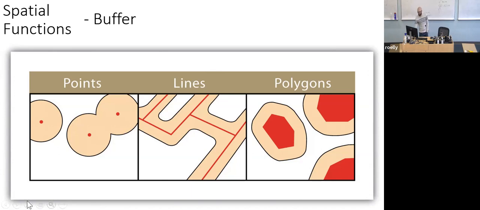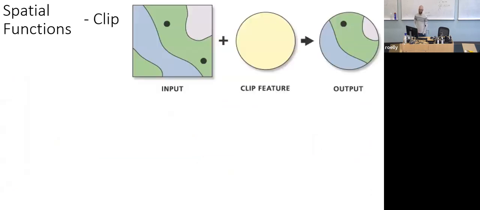So if these red dots right here were locations of houses, and you had another set of points which were grocery stores, you could put a buffer of, let's say, 500 meters around each house, and say how many of these houses do not have a grocery store within 500 meters. Very simple analysis, and then you could feed that into your model: yes, no, these houses have grocery store access or don't. So buffer is quite common.